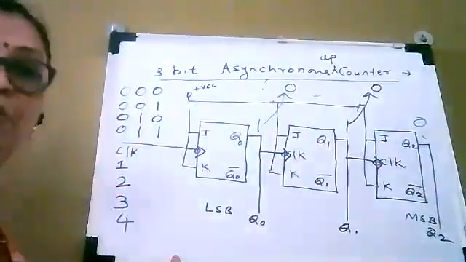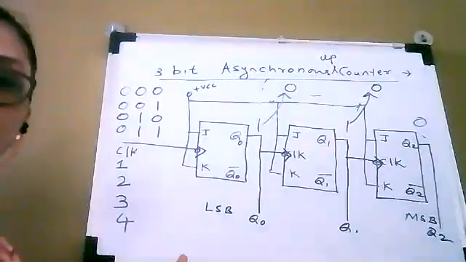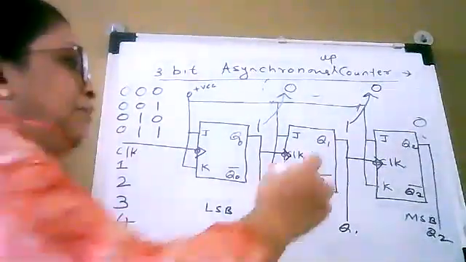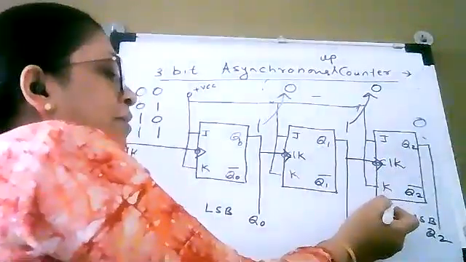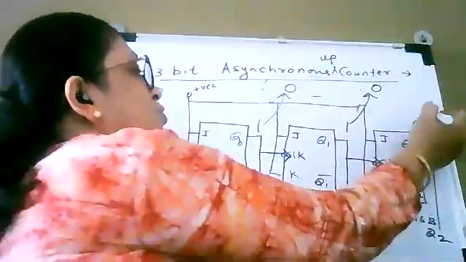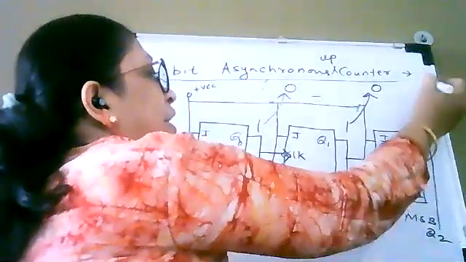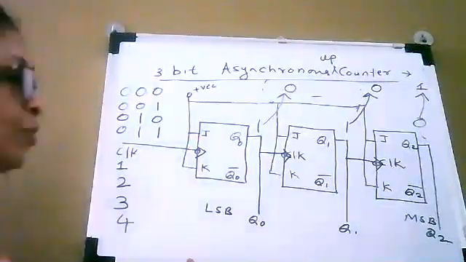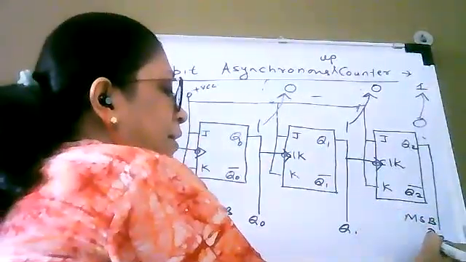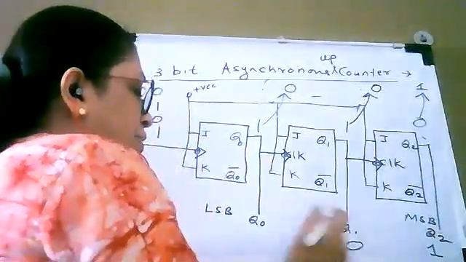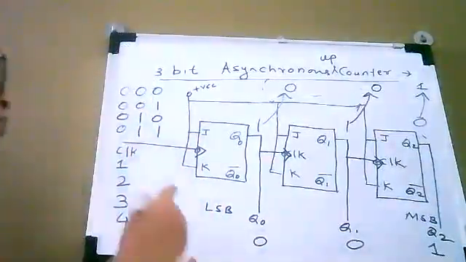Okay, so now the output of flip-flop number 2 is making a transition from 1 to 0, which is a negative edge of the clock, and which is applied to the third flip-flop. Now the third flip-flop is toggled and it is going to change the state from 0 to 1. So the output that you are getting at the output of the counter is 1 0 0.